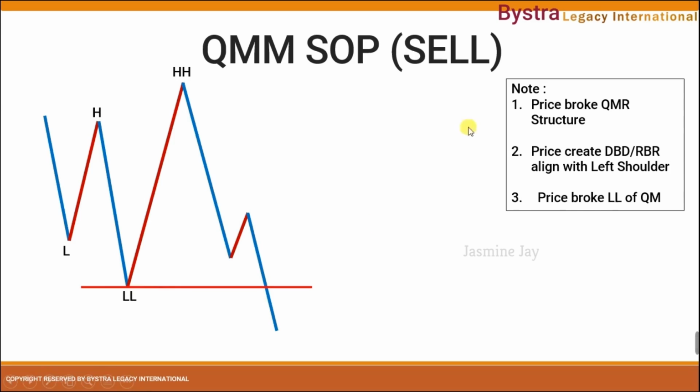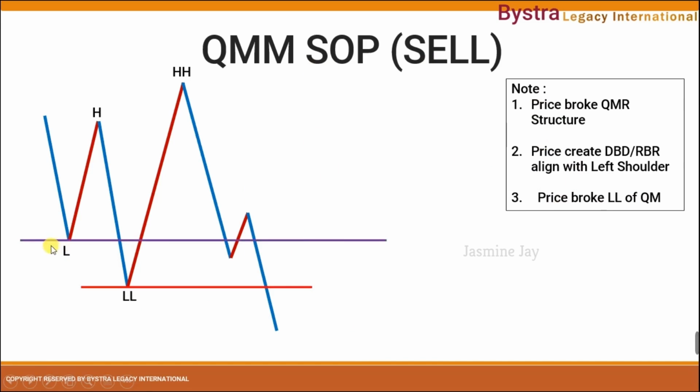So first, remember guys, the price has to break the QMR structure, which it already has. Second, it has to create a drop base drop structure for sell. And third, you have to break the lower low of the QM, which is the head of the QM. Once these three are available, then we can look for the sell setup of QM manipulation.